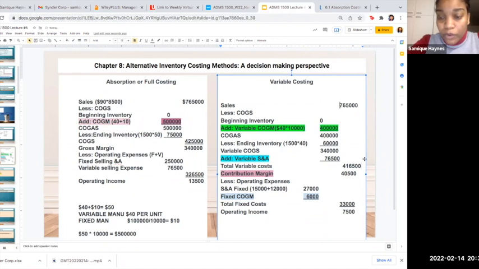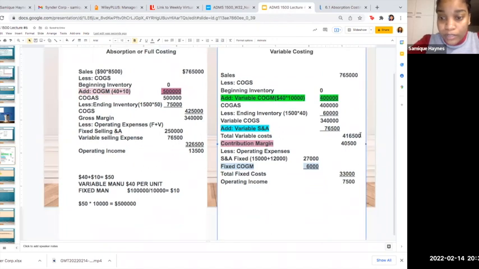Okay, so our contribution margin is, what's our contribution margin now? $348,500. Once we have a contribution margin, we can deduct all of our fixed costs now.